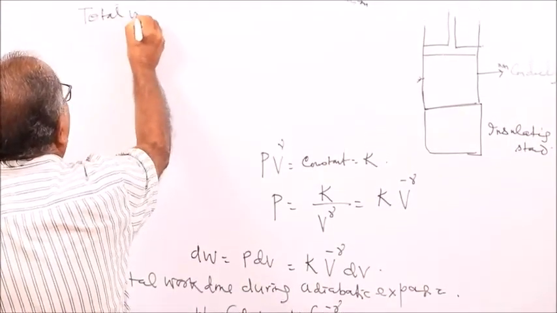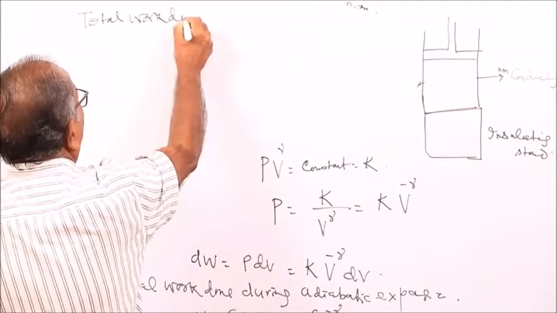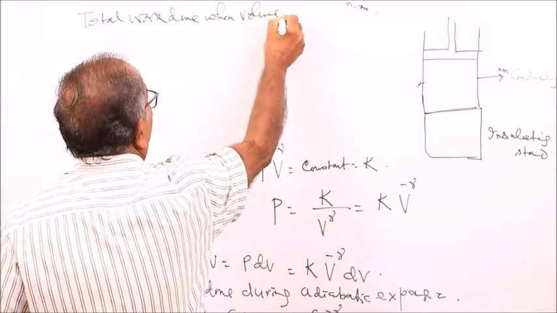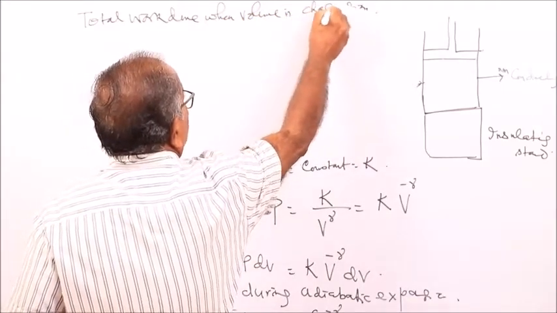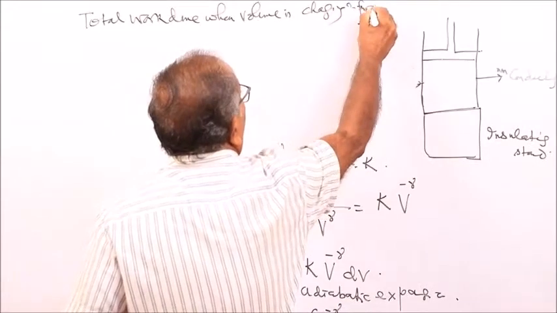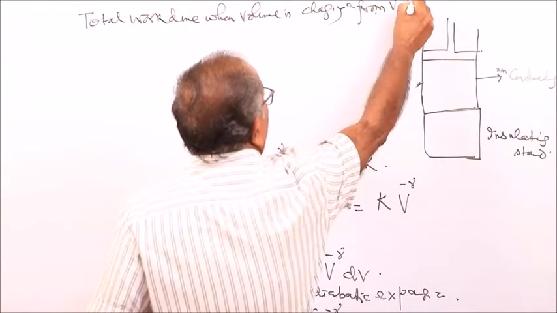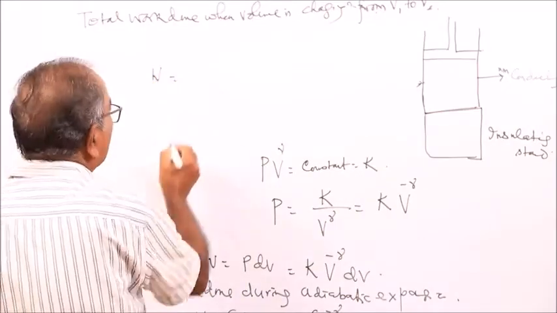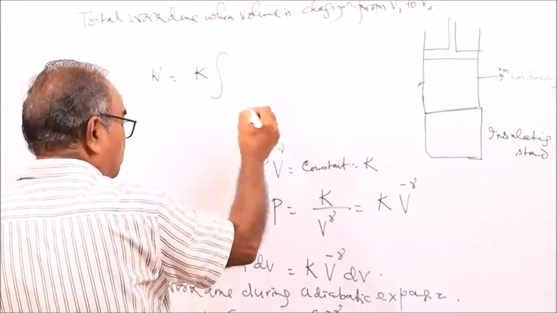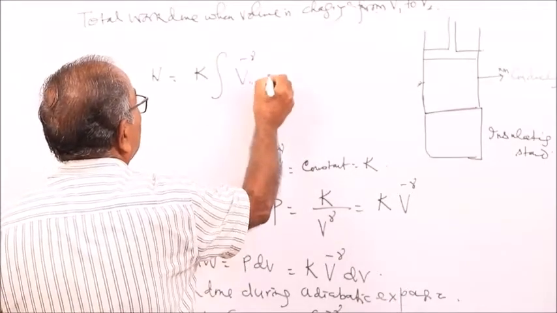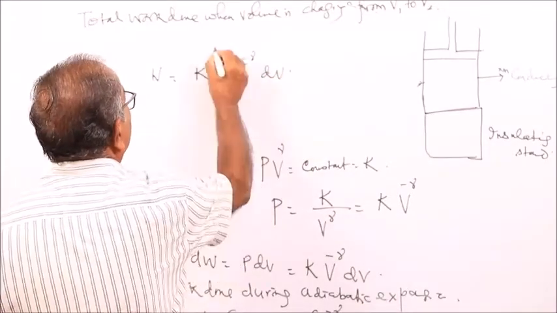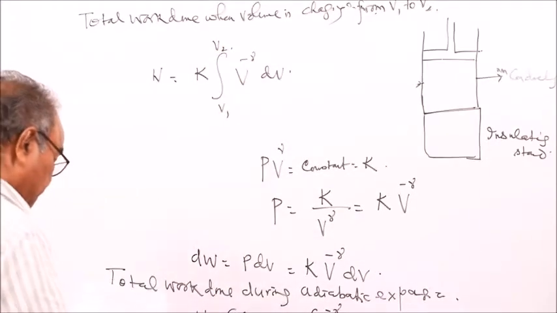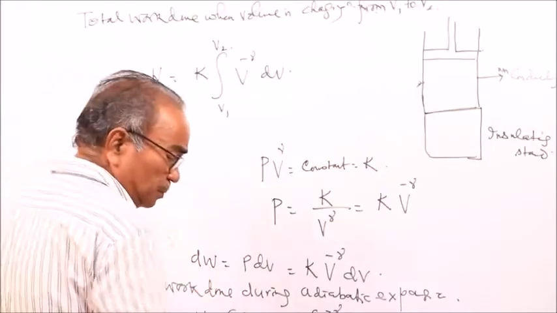when volume is changing from V1 to V2 is W equal to K integral of V to the power minus gamma dV from V1 to V2.